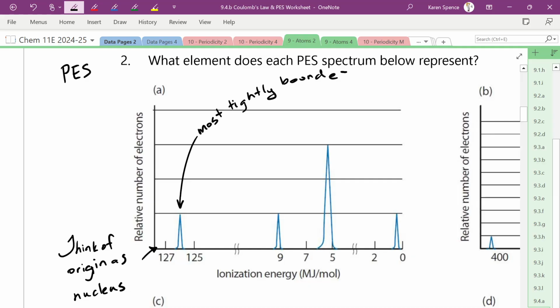Are closest to the nucleus, yes? Why is it that the most tightly bound electrons are closest to the nucleus?